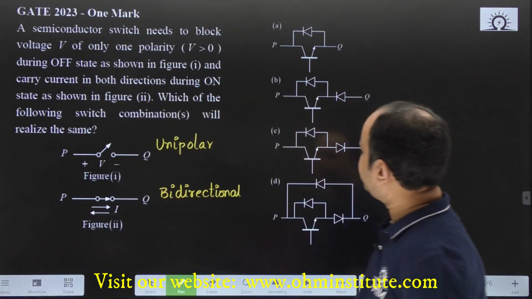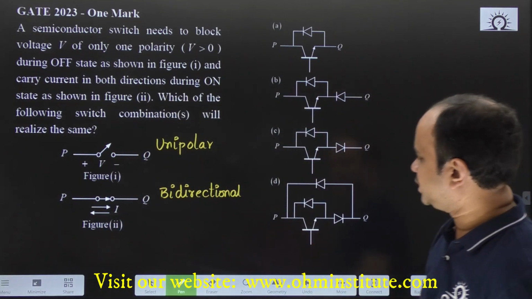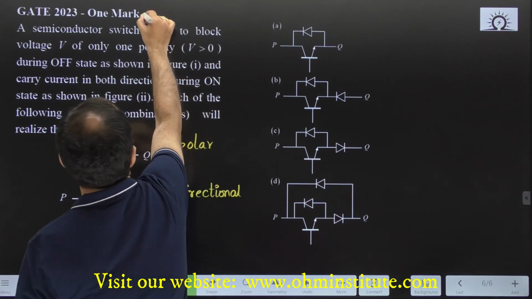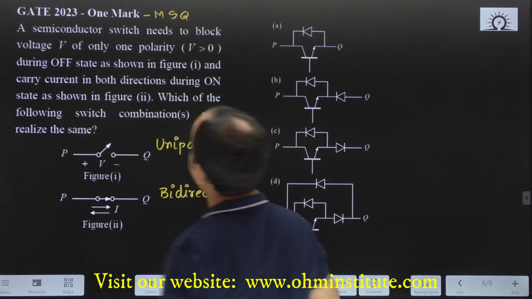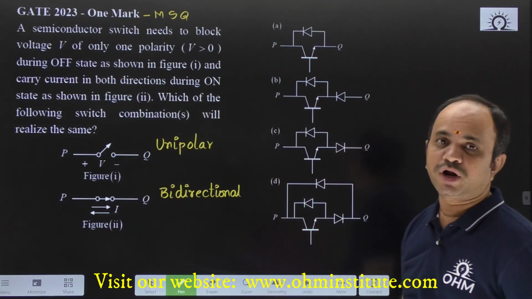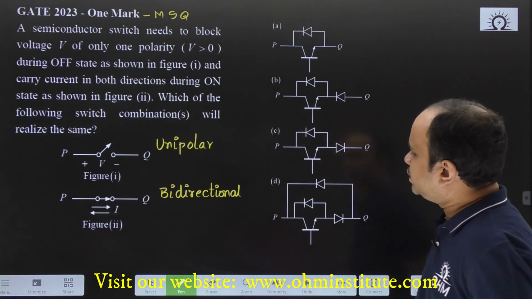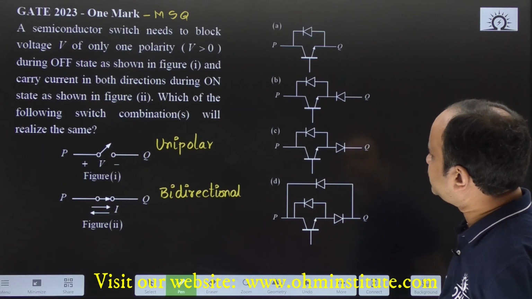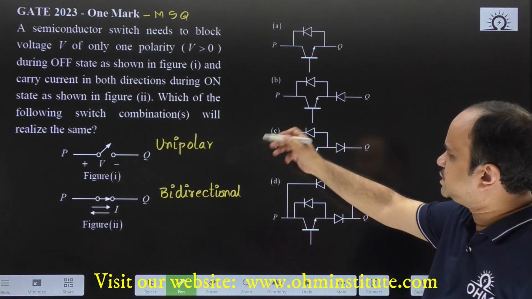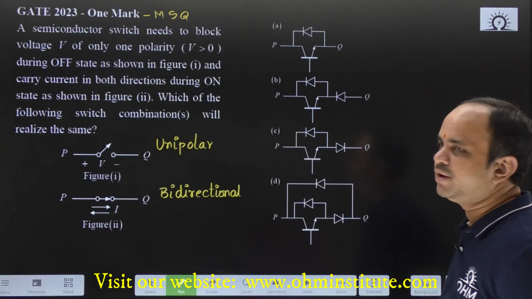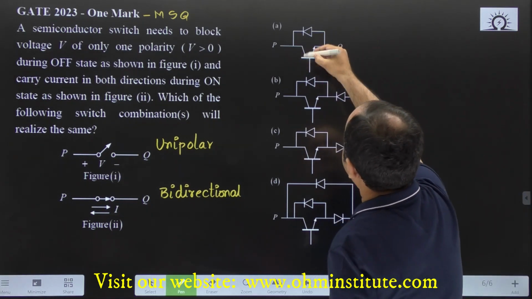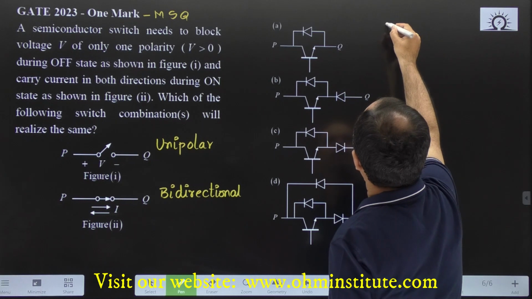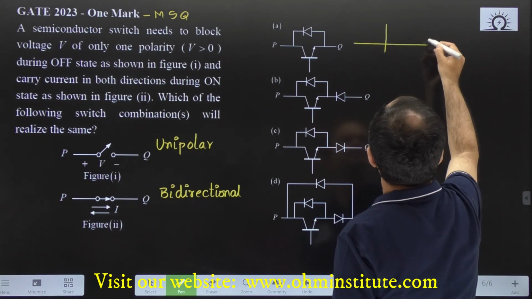So, from these given 4 options, of course, this question is MSQ, I forgot to mention here, multiple select questions. So, this has more than one answer that is correct. Now, we just need to identify what switch will have this feature, both unipolar as well as bidirectional. Now, a transistor with anti-parallel diode, what type of characteristics will it have?